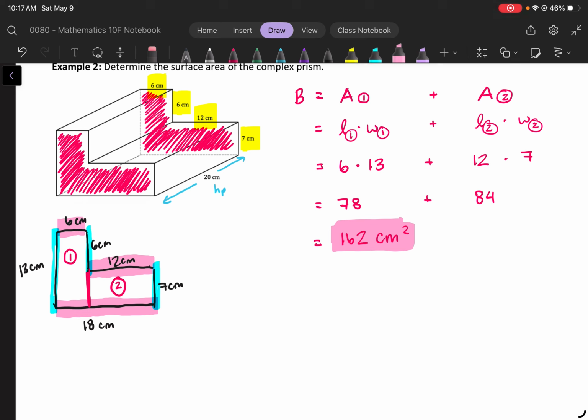Because it's not okay to do it as one big step and then have no idea where those numbers are coming from. I have no idea what shape you're referring to. Like, that's not cool. But here, we have it really, really organized. I can tell that all of this deals with this first rectangle.